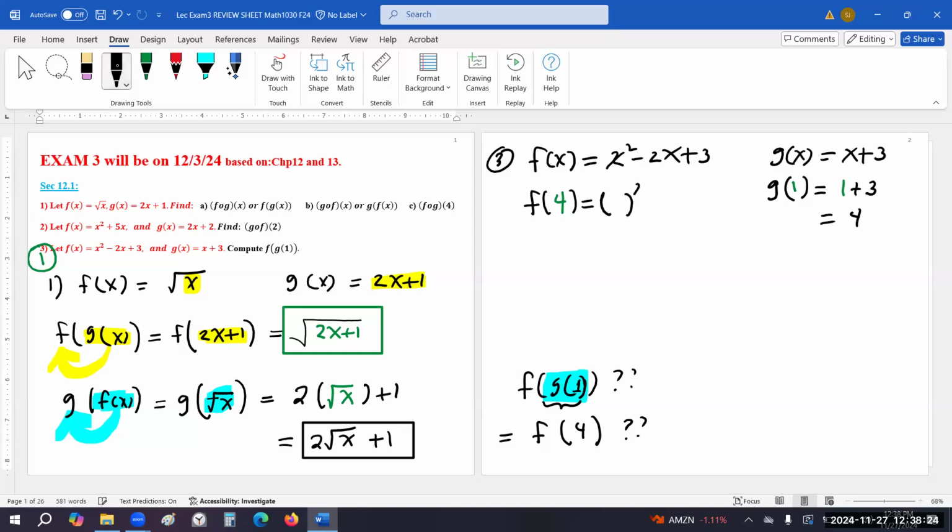So we have x squared minus 2 times x plus 3, all the x turn into 4. So we get 16 minus 8 plus 3. 16 minus 8 is 8. So we get 8, 9, 10, 11.